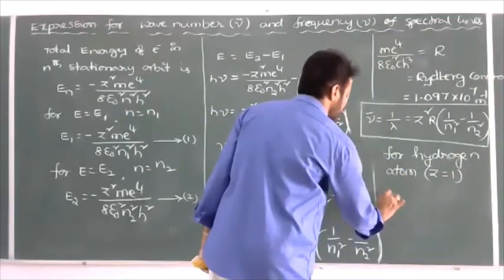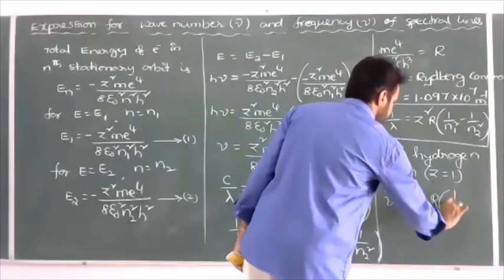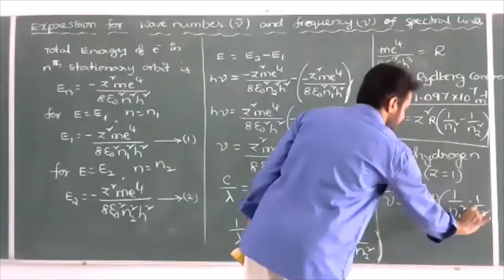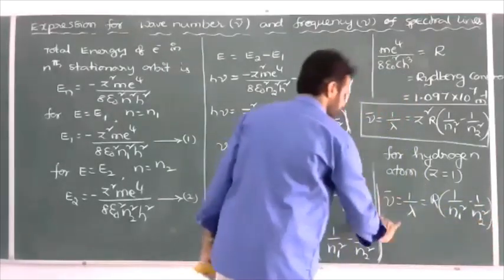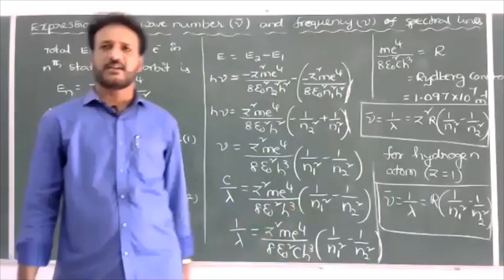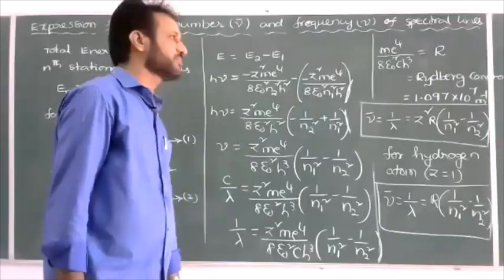Therefore, nu bar is equal to 1 by lambda, which is equal to R into 1 by n1 square minus 1 by n2 square, you should write. The wave number of the spectral lines, 1 by lambda, is equal to R into 1 by n1 square minus 1 by n2 square.